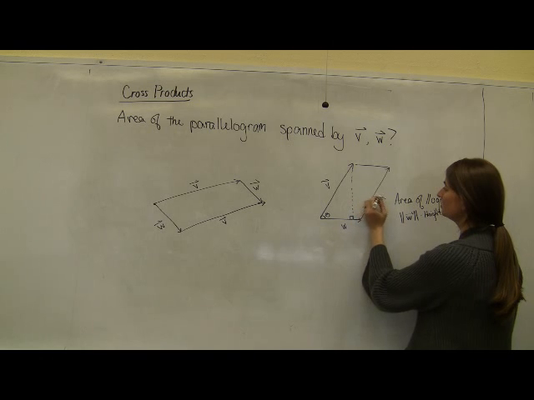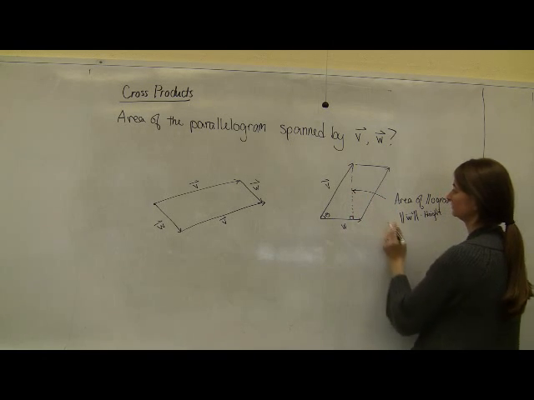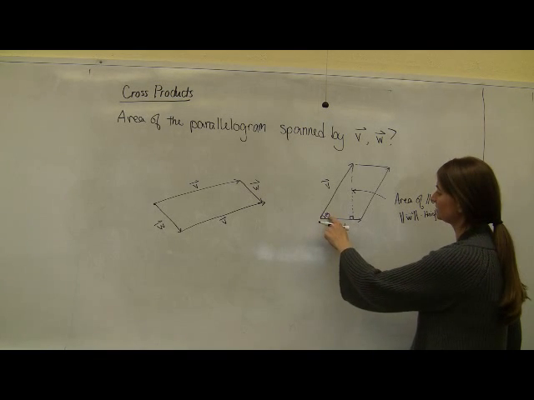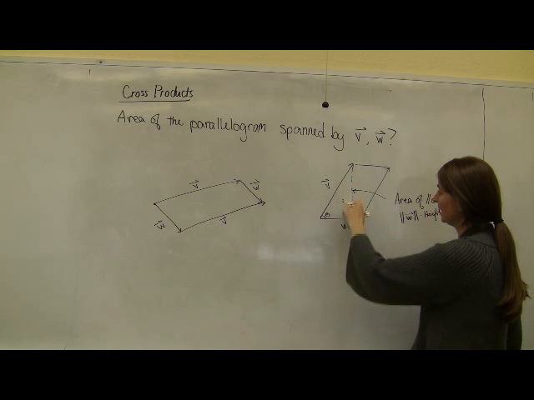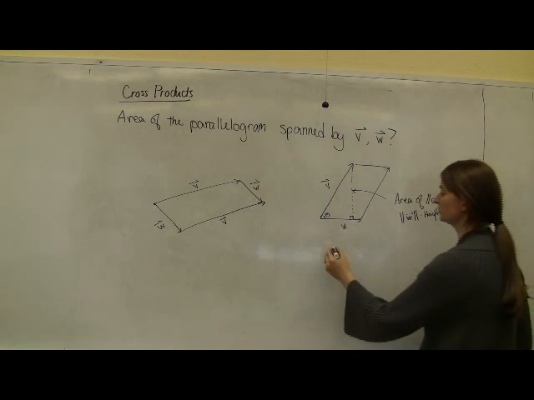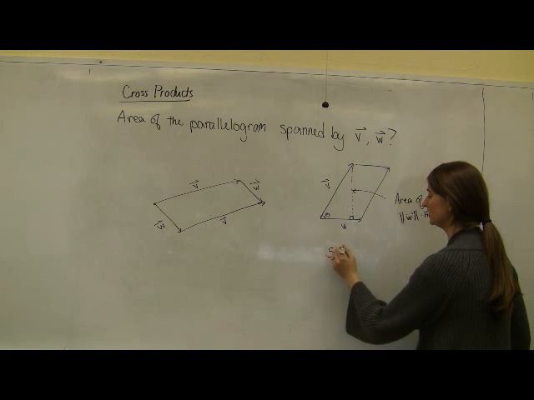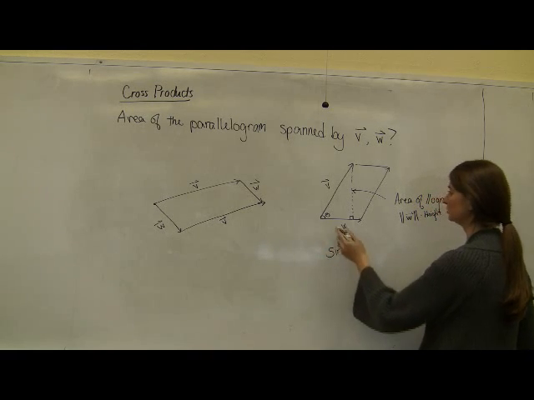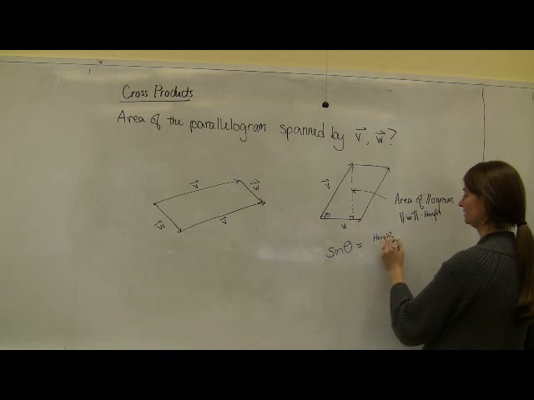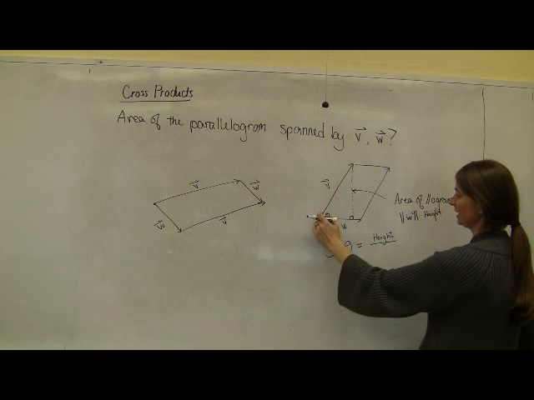And so I want to know, what is this height? Well, using triangle geometry, we know that the sine of this angle is going to be the height divided by the magnitude of the hypotenuse. So in this case, the sine of theta is equal to this height divided by the magnitude of the hypotenuse.